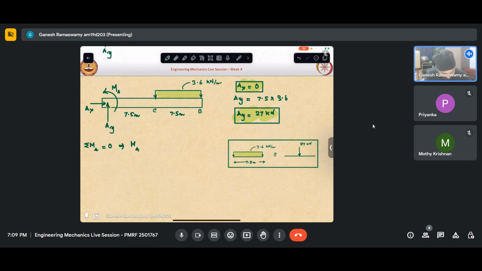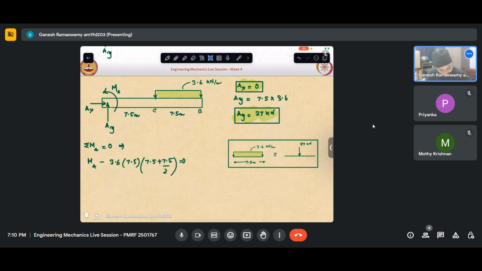Minus 3.6 into 7.5, that load, not load intensity, it is the actual load. That load is applied at the center of this triangle. The center of this triangle is at a distance of 7.5 plus 7.5 by 2, equals 0. This is my equilibrium equation.